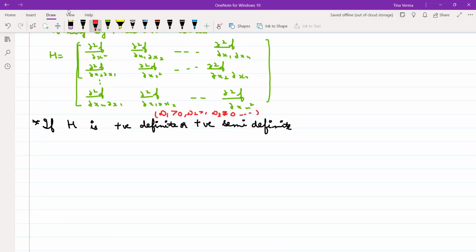For positive definite, the first should be greater than 0, and for positive semi-definite the others can be greater than or equal to 0. So you start taking determinants of the Hessian matrix from 1 by 1, 2 by 2, 3 by 3, 4 by 4, and so on. If the Hessian matrix is positive definite or positive semi-definite, then the function f of x is convex; if it is positive definite, then it is strictly convex.